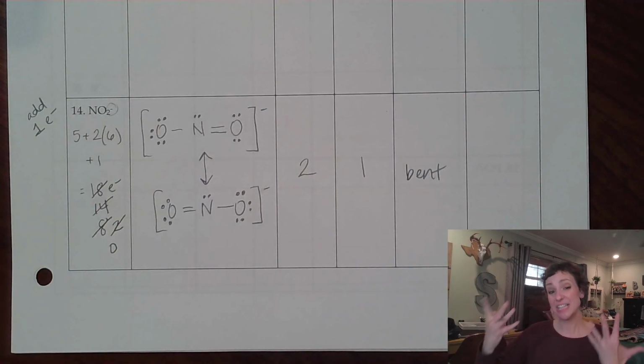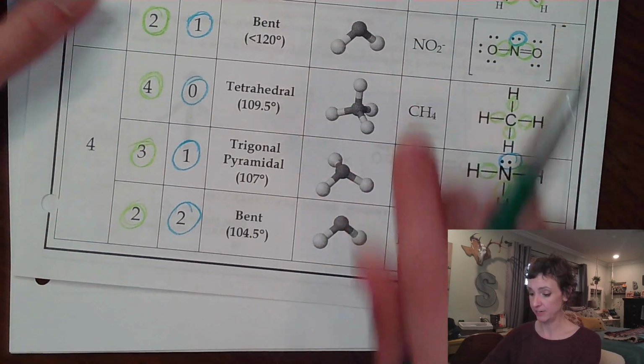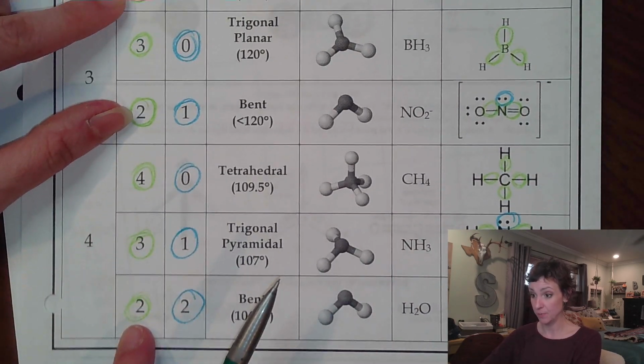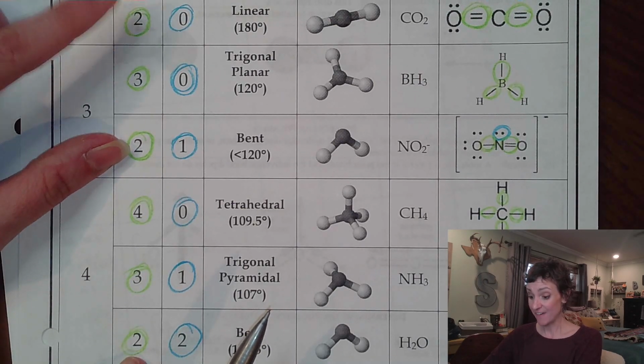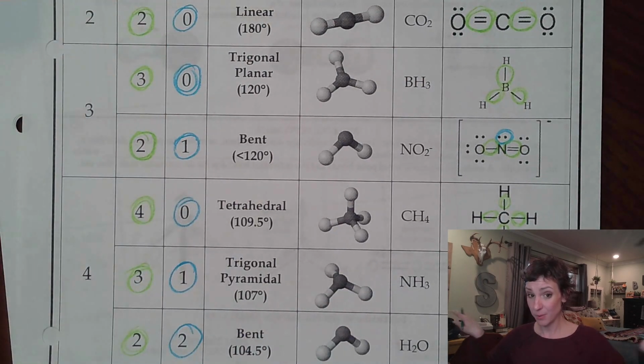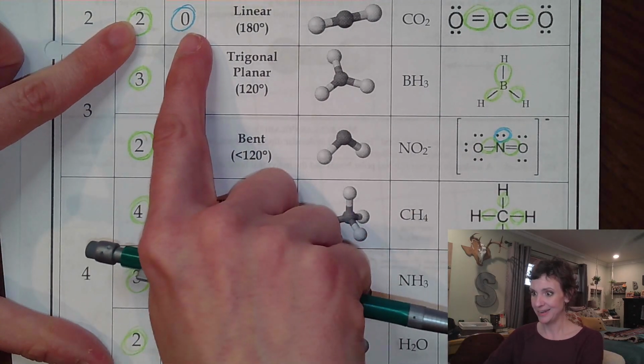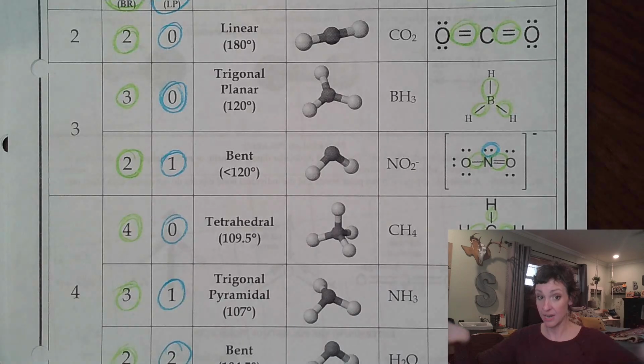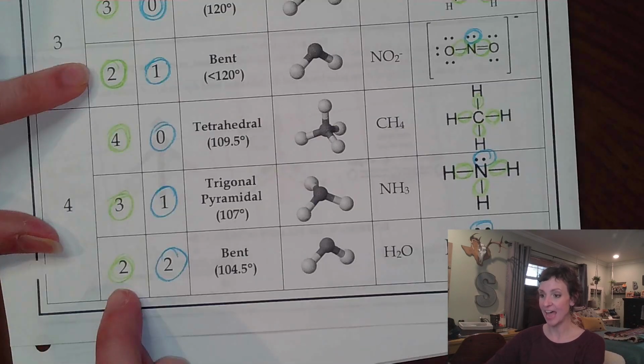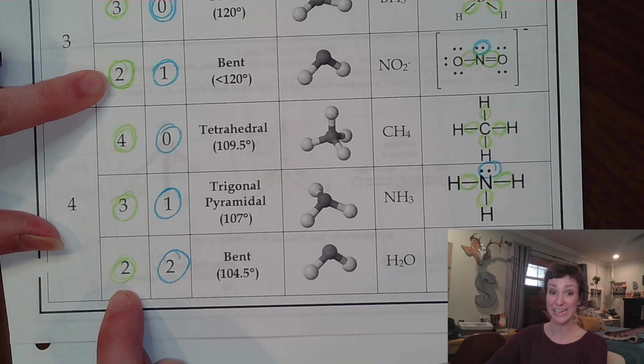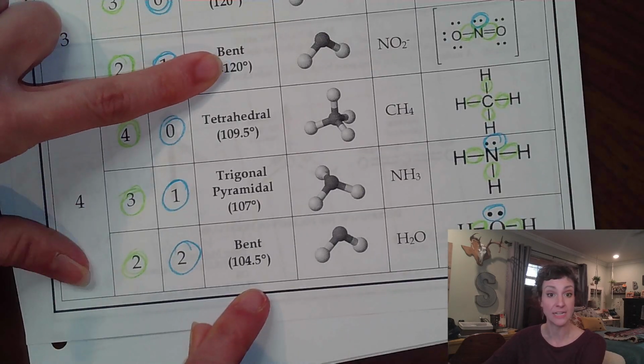So one thing I like to think about with all of my VSEPR shapes that have 2 bonding regions, which 3 of them have. If I have only 2 things bonded to my central atom and no lone pairs, they're going to be linear. But if I have 1 or even 2 lone pairs, that will cause a bent shape.